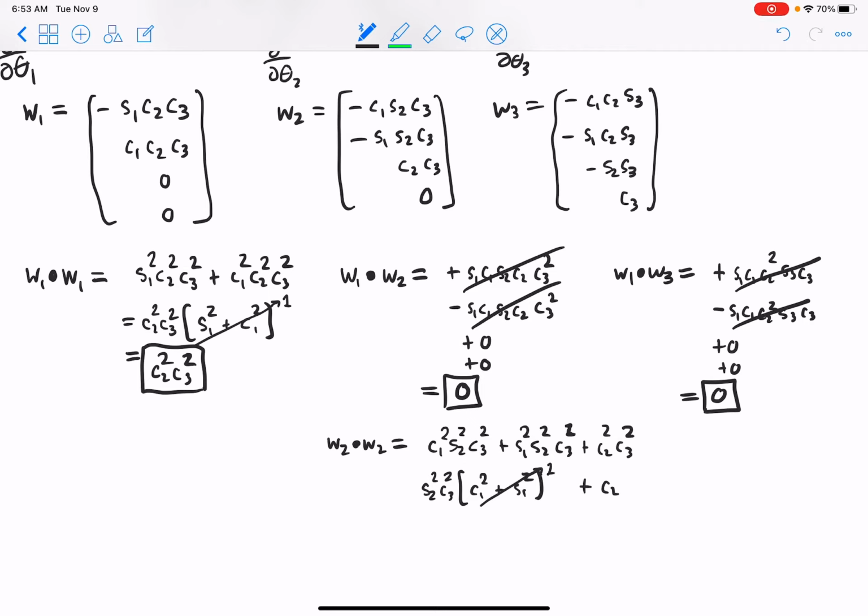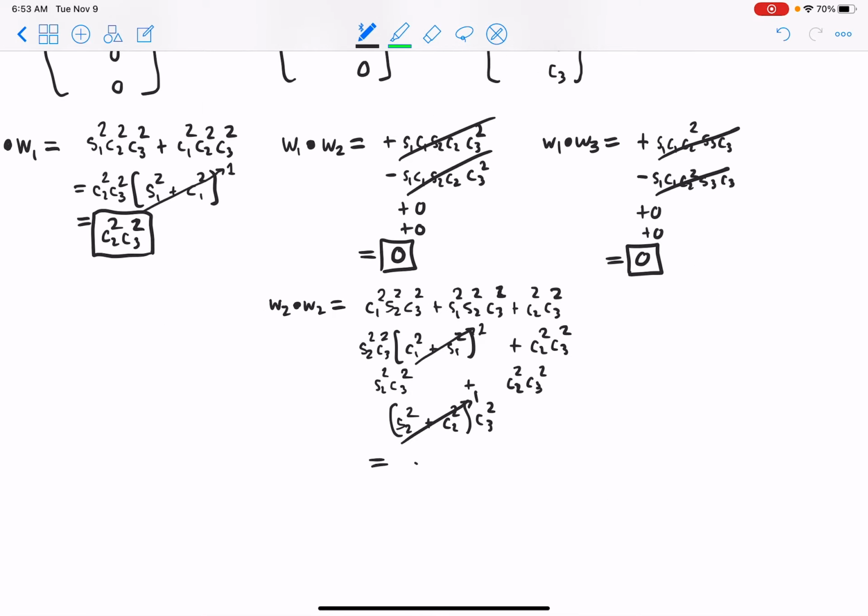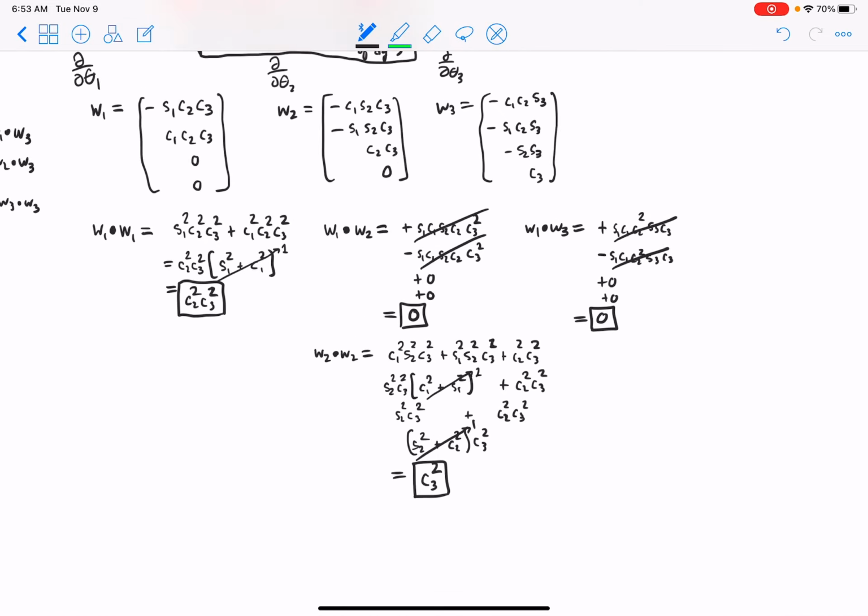We still have a C2 squared, C3 squared. Okay, so let's just rewrite this. Notice we can factor out the C3 squared from both sides, which leaves an S2 squared plus C2 squared times a C3 squared, and this is 1. And so at the end, we have a C3 squared. That is w2 dot w2.